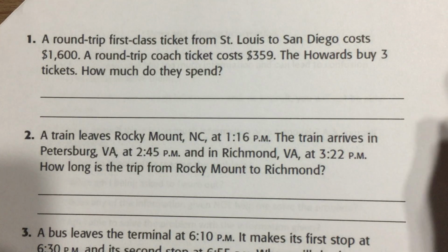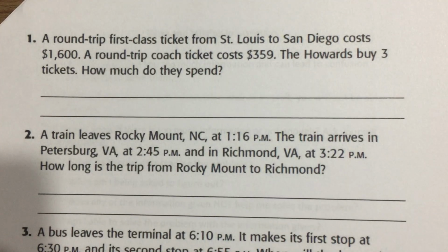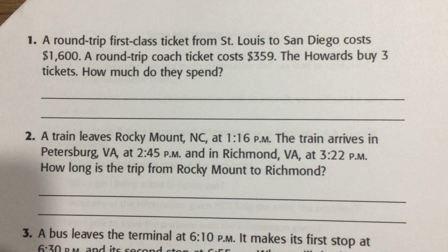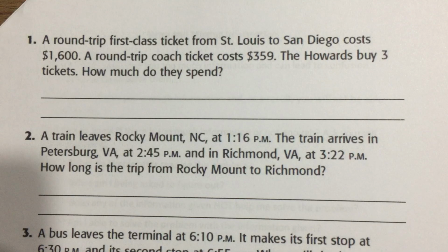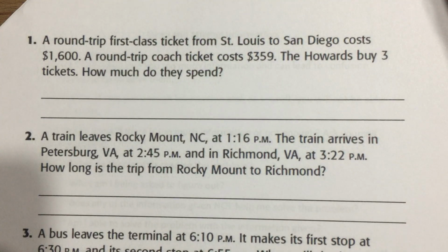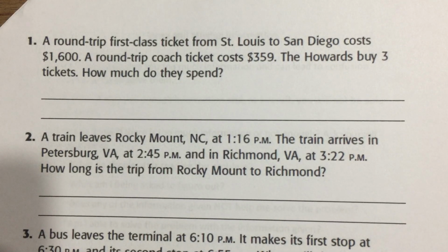That's our goal. So we know first class, $1,600, coach, $359. The Howards buy 3 tickets. How much do they spend?